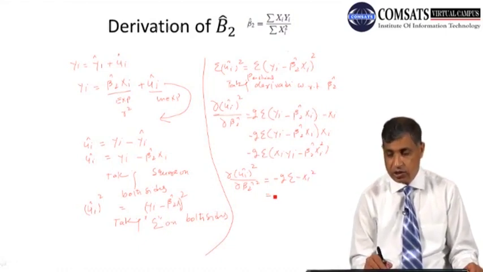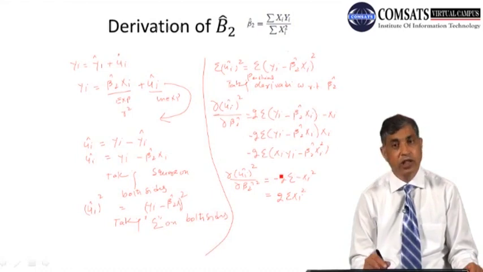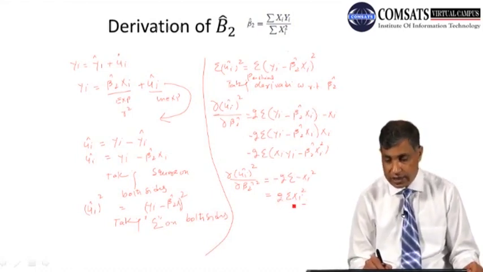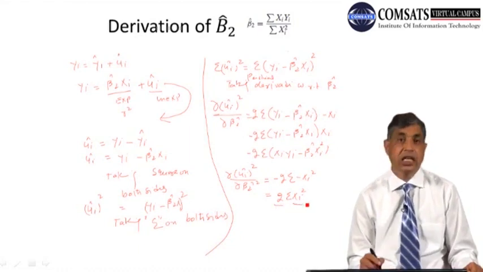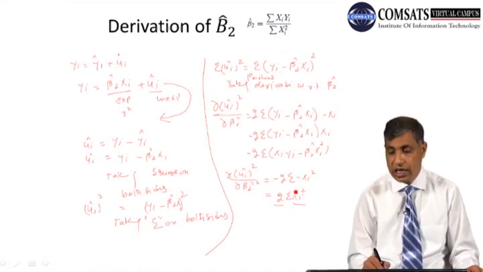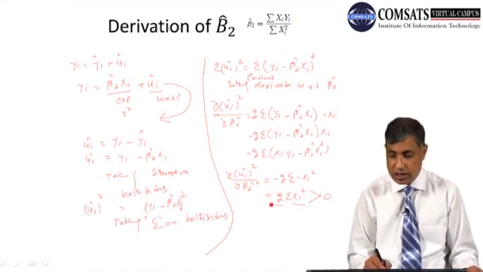Bringing the minus outside, minus multiplied by minus becomes positive, 2 summation xi square. Look at this, 2 is positive, and xi square can never be negative, so it is greater than 0. So we have proved this is the sufficient condition.